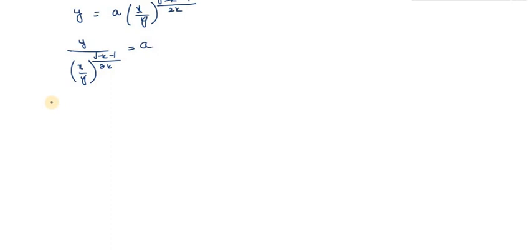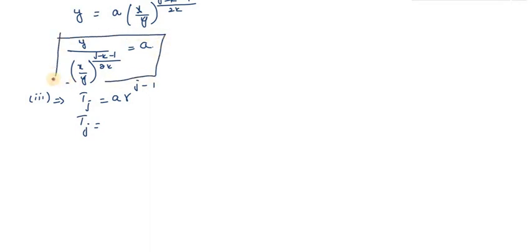Equation number 3 implies the jth term is equal to ar to the power j minus 1. We put the value of a in the jth term. So the value of a is this.